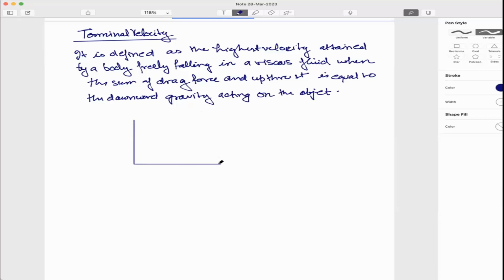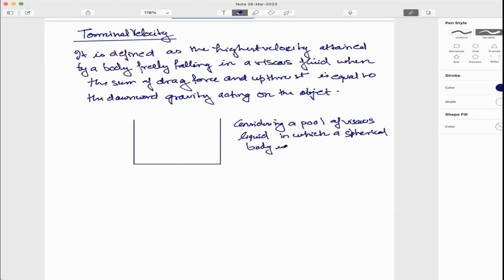Okay, so let's consider a pool of viscous liquid in which a spherical body is dropped.